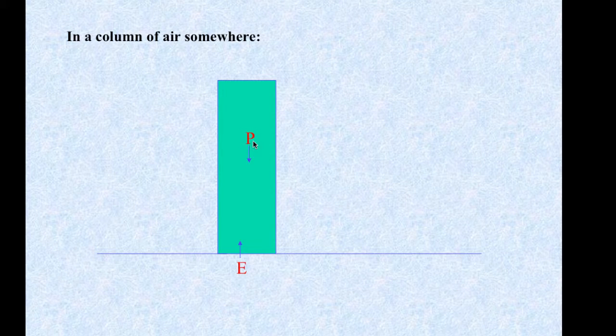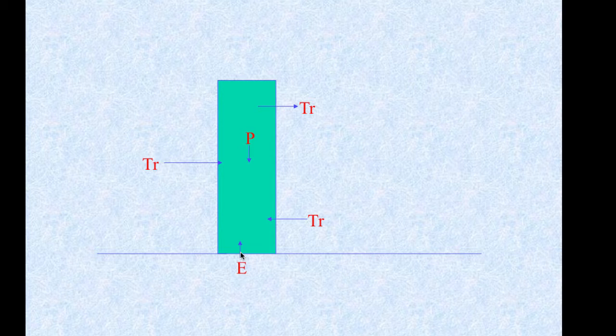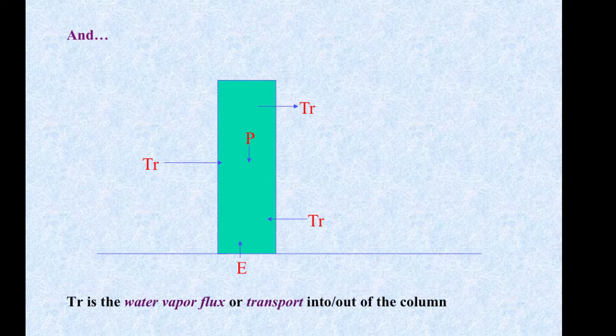You can have a cloud that's precipitating. Some of that liquid or ice will evaporate or sublimate on the way down. Not all of it makes it to the ground. But anyway, we have the general idea of precipitation and evaporation. There's one other factor, and that is the transport horizontally into and out of the column of water vapor by the prevailing winds. So we need to factor that in as well.